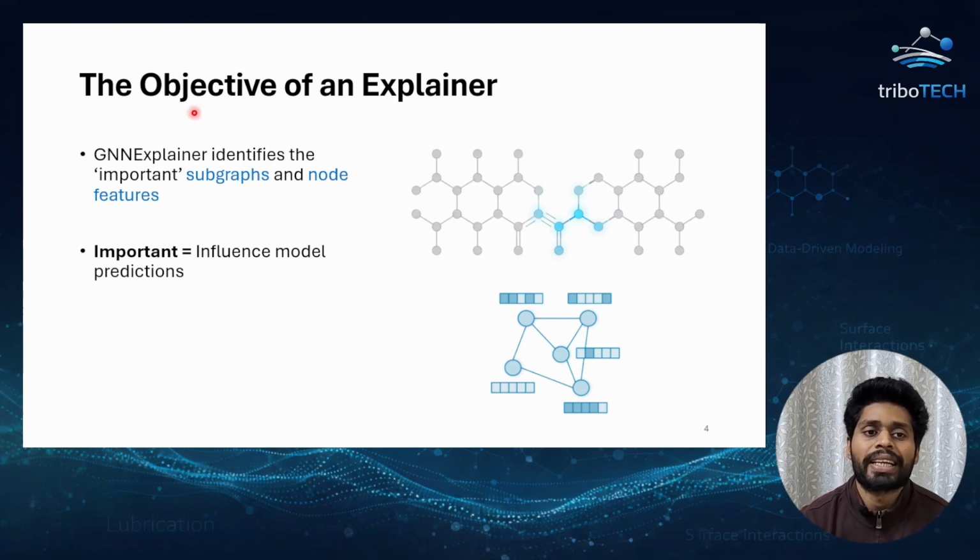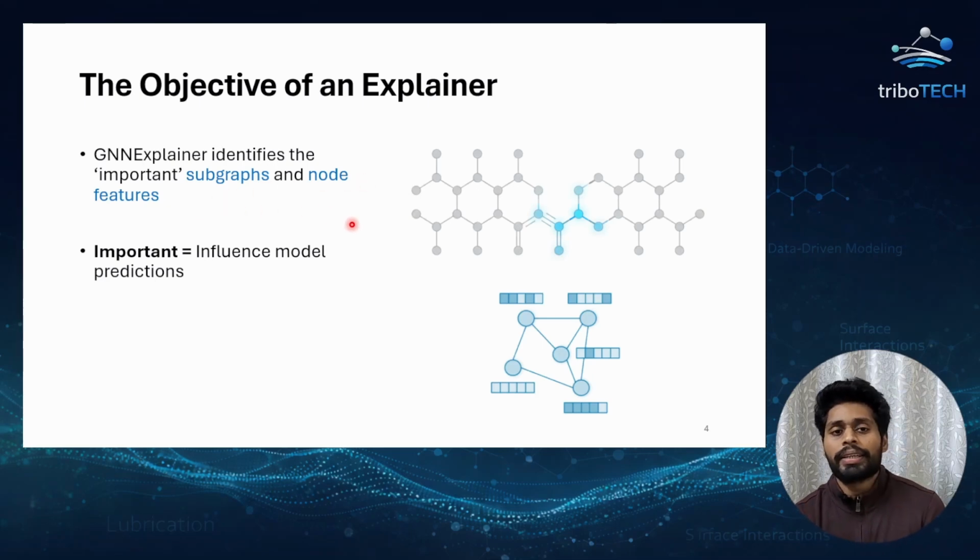In the case of GNN Explainer, these substructures are subgraphs and node features. I hope you are already familiar with GNNs and therefore you know what subgraphs and node features are. For example, in this molecular graph, this highlighted region is a subgraph, and each node has its node features like this.